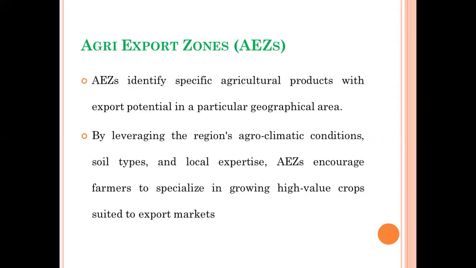Next, after APEDA, we have agri export zones. Agri export zones build their own institutions in each area where the commodities are very specialized. For example, if we are talking about mango, the famous variety which has more export potential is Alphonso.